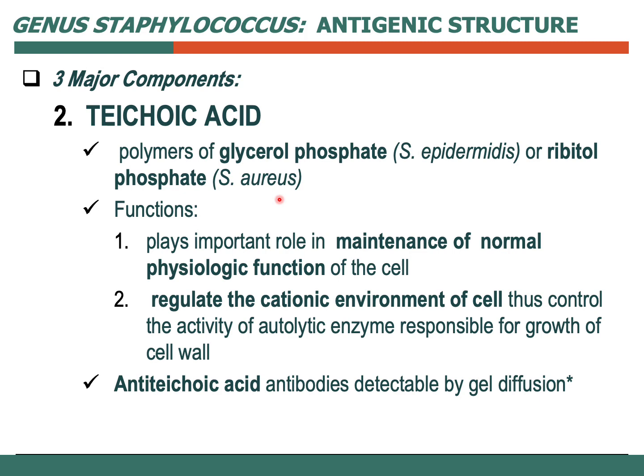Teichoic acids play an important role in maintenance of normal physiologic function of the cell, and they regulate the cationic environment of the cell. Anti-teichoic acid antibodies are detectable by gel diffusion, and are usually found in patients with active endocarditis due to Staphylococcus aureus.